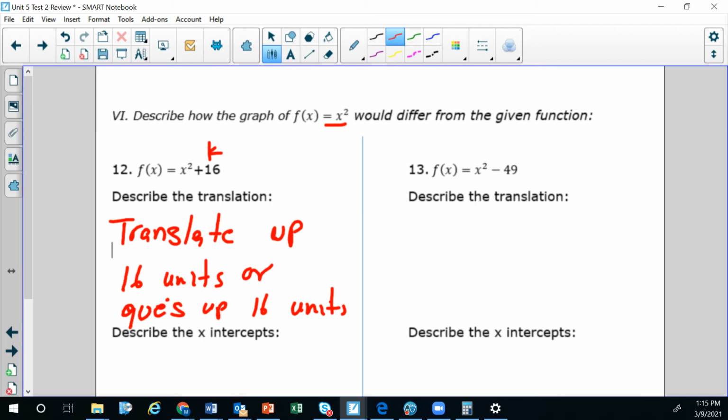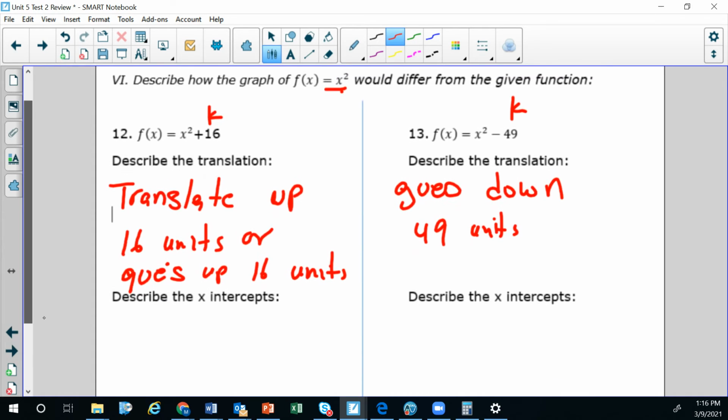K is negative 49, therefore it went down. So it goes down 49 units from the original function, the parent function. Goes down 49 units. Okay.